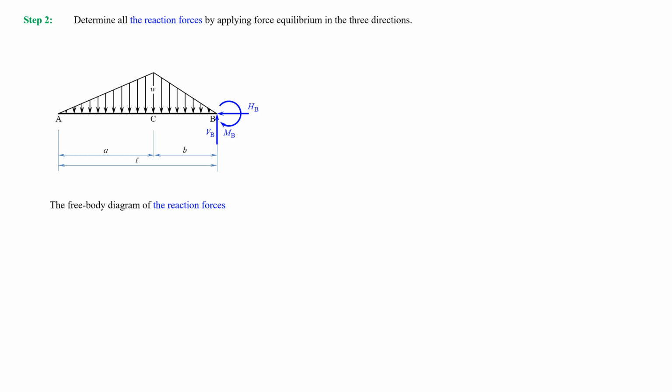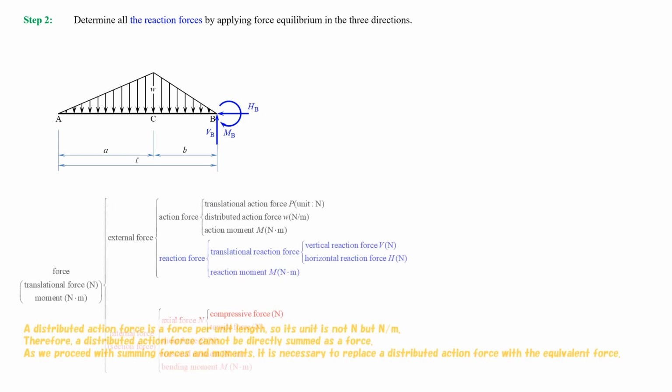Step 2. Determine all the reaction forces by applying force equilibrium in the three directions. A distributed action force is a force per unit length, so its unit is not Newton, but Newton per meter.